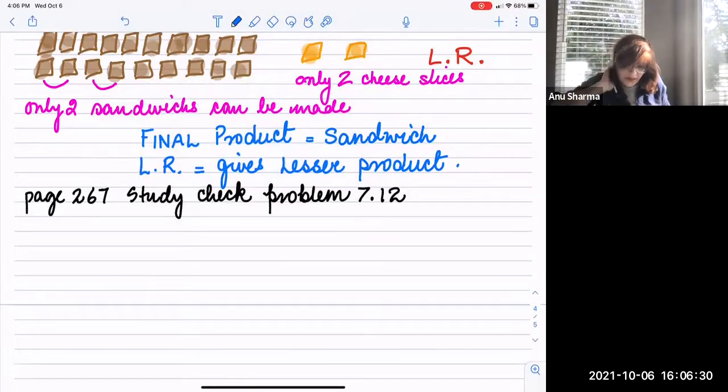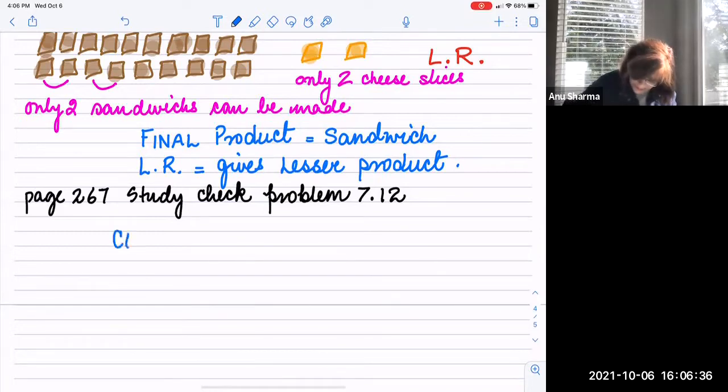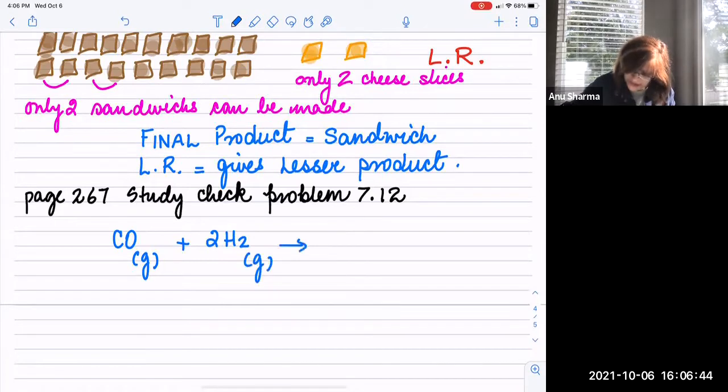Here is a problem where we are given carbon monoxide as a gas reacting with 2 moles of hydrogen as a gas, and this gives you methanol, CH3OH, in the gaseous state.